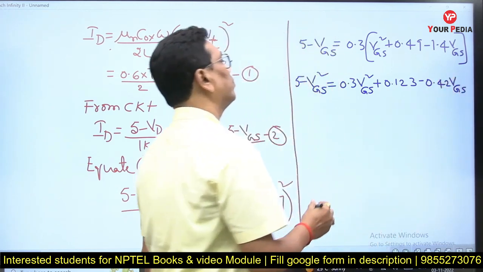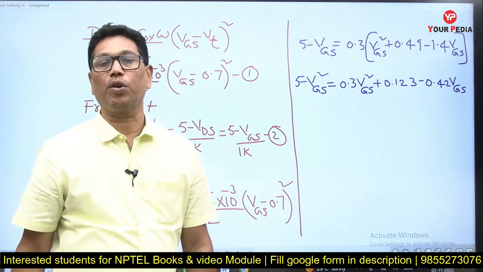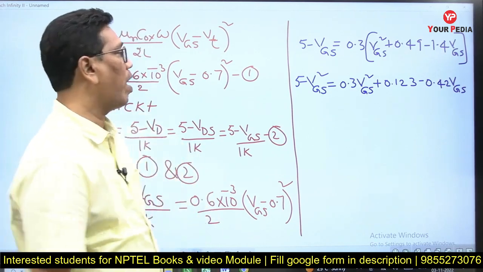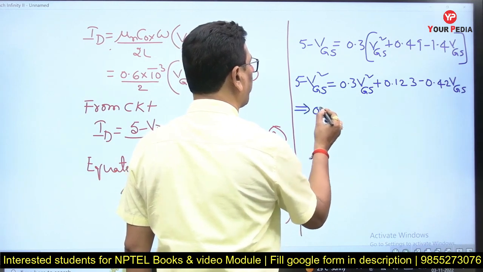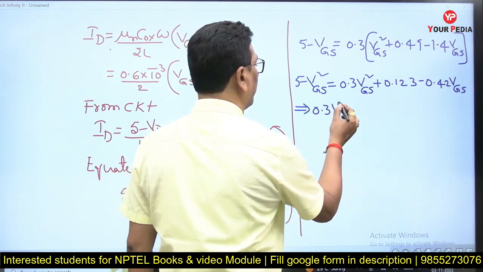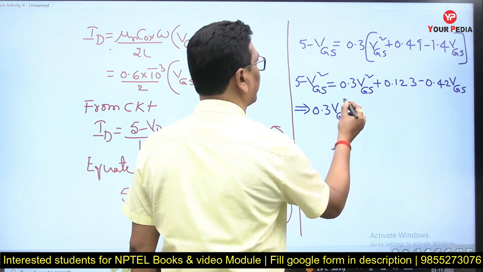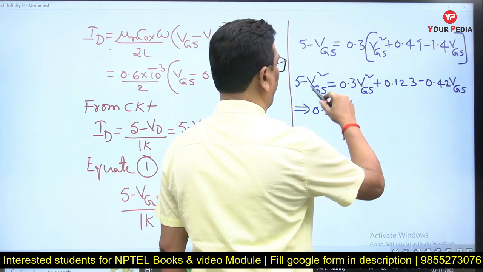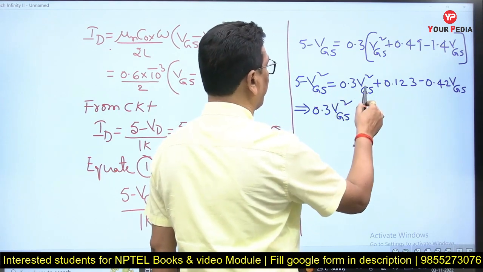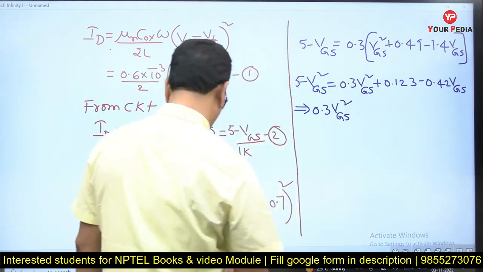By expanding that, you get it to be like this. So now I rearrange this. So 0.3 VGS square. Next, take this one this side. So 0.3 VG, so this is not VGS square, one minute.